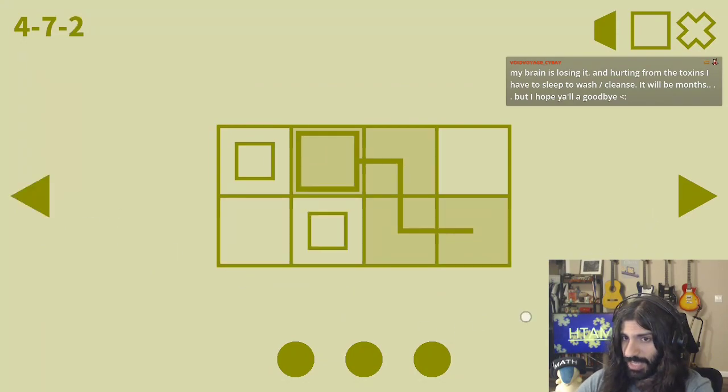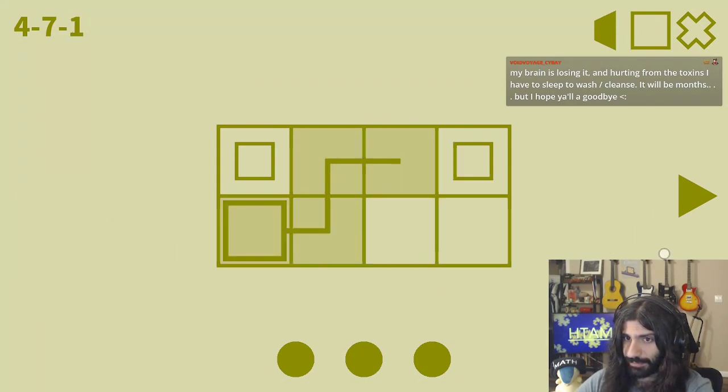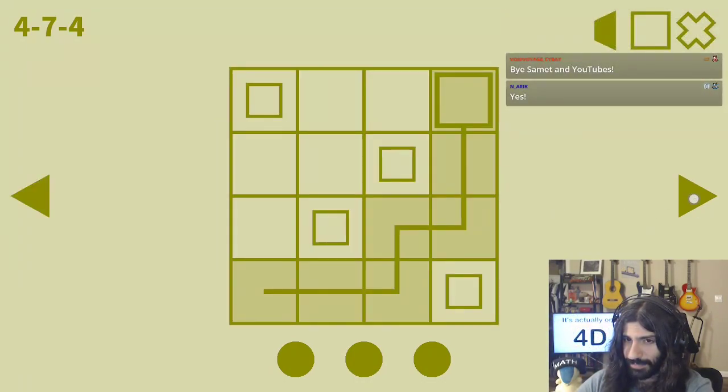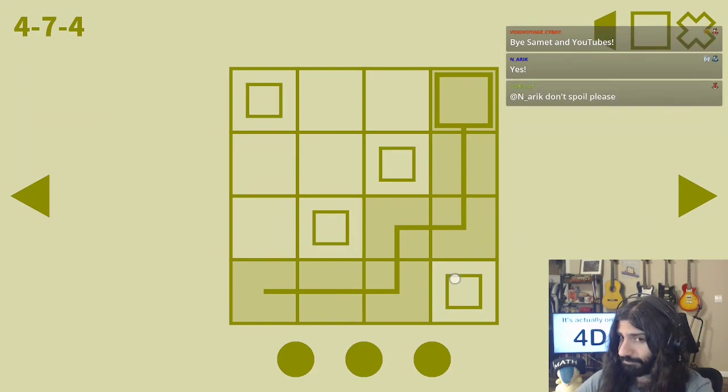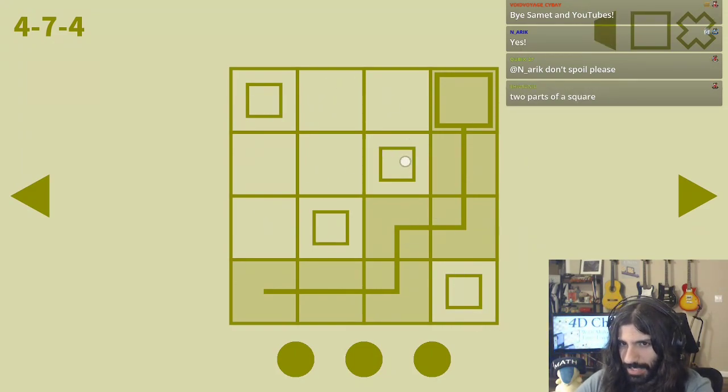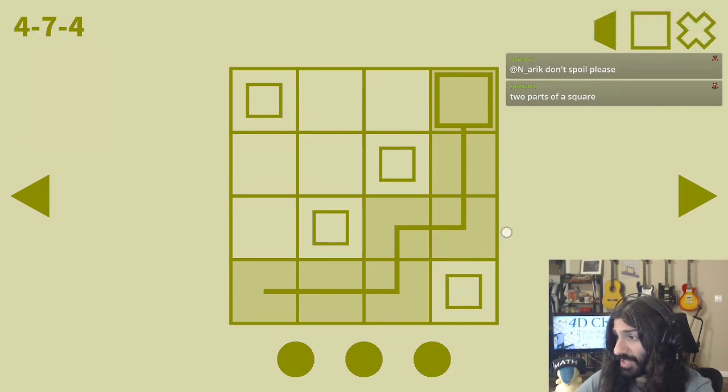What do these regions have to do with each other? Here this is like 3 times bigger. Maybe it's a chunk taken out of what is otherwise a square. Because this is such a weird shape, it's not an L. It looks to me like a square with a bit out of it, right?